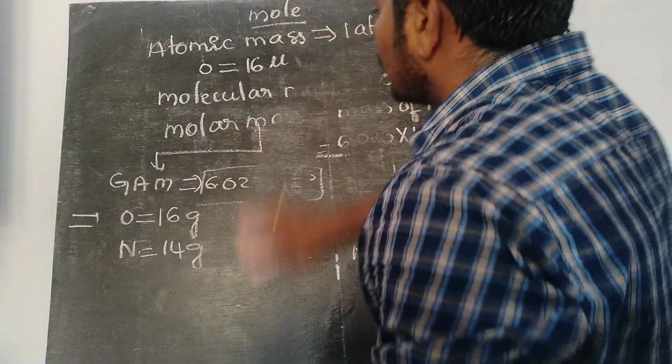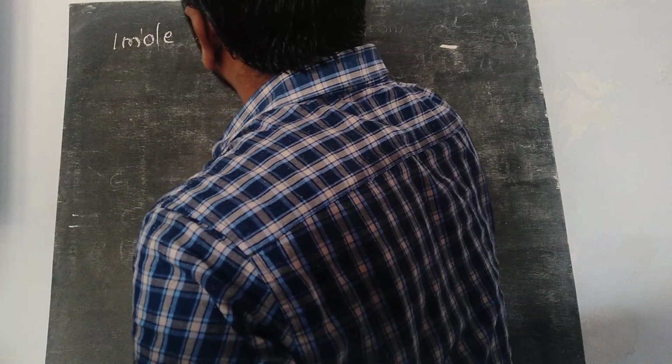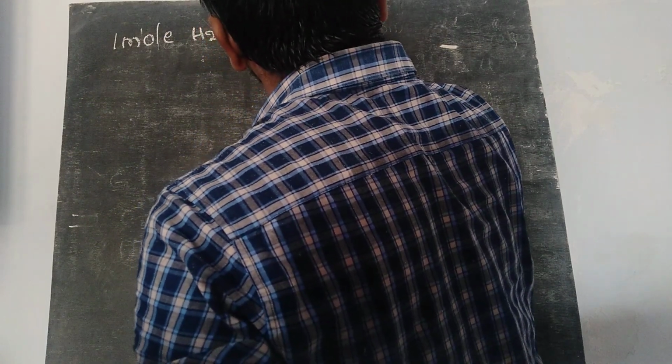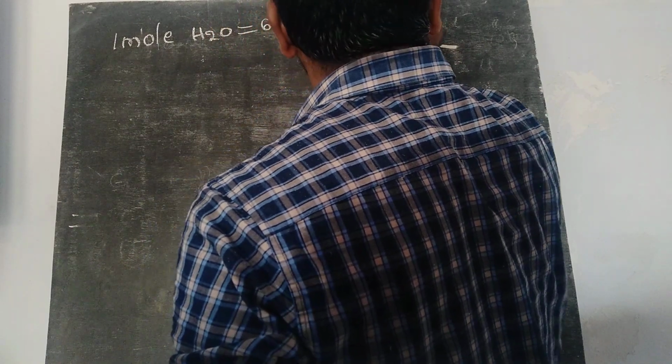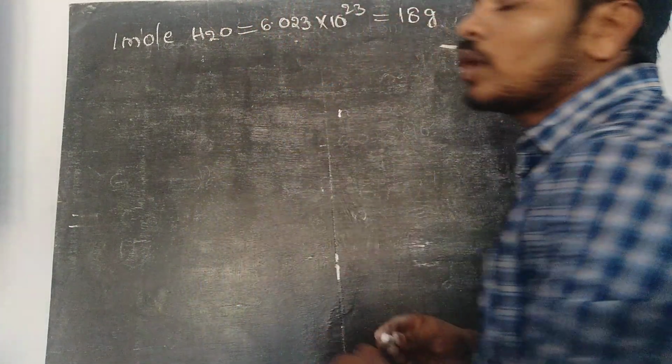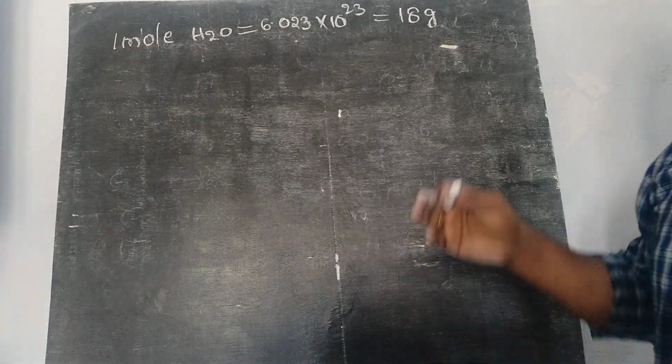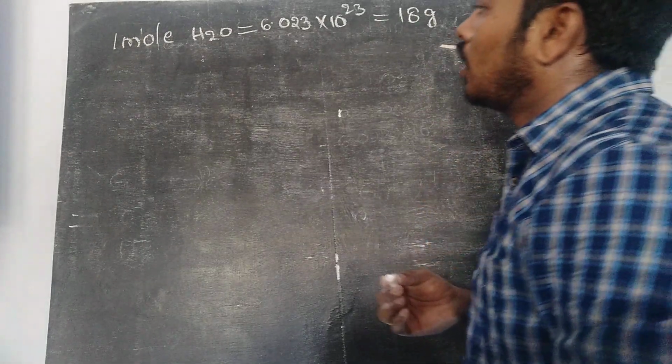See here, next, how to understand that 1 mole of H2O is equal to 6.023 into 10 to the power of 23 particles, which is nothing but 18 grams. How do you calculate the molecular mass of different molecules?